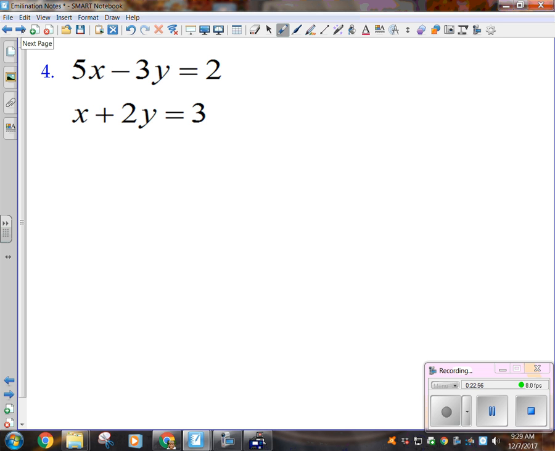Okay, first of all, is it lined up? Yes. Got X's, Y's, and numbers. Yes, they're lined up. Okay. I need a positive and a negative of the same number. Yep, we got one. Do you think it would be easier to make the X's eliminate or the Y's eliminate? I do have a negative and a positive.